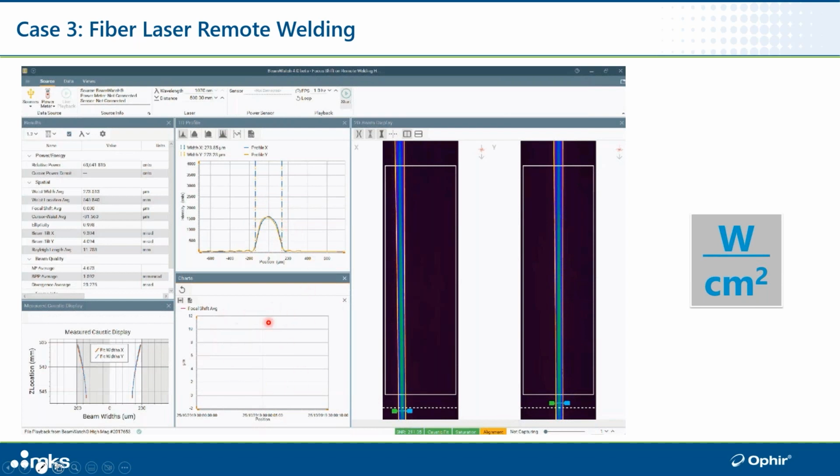And then this graph right here is a graph of focus shift. So what you'll see in a second is the focus shift that is measured and how that affects the beam profile, how it affects the caustic, and how it affects this graph. To the right here is an image of the beam. The beam is focusing down currently to this point right here, and if you can picture it diverging again past that point.